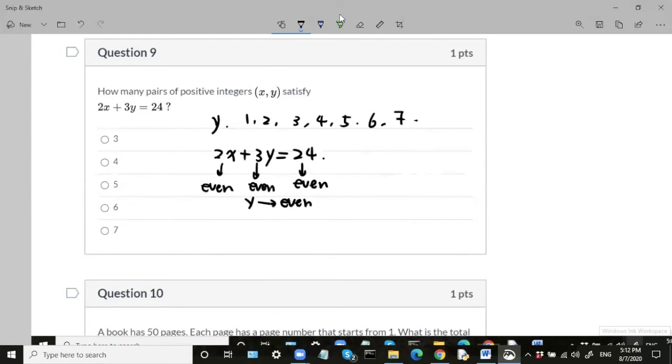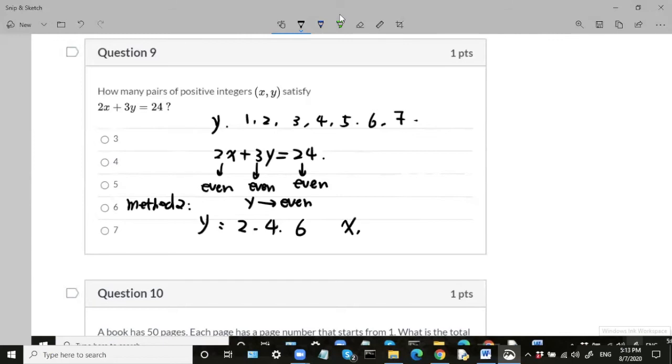So from the previous method, we know y can only have 7 values. And y also has to be even. So with method 2, we limit y to the values 2, 4, 6. So let's just plug in, as we did in the previous method.